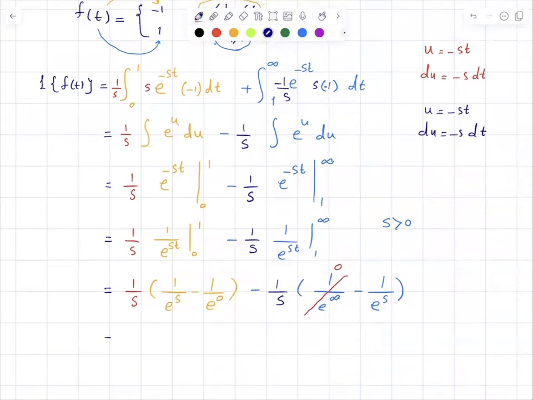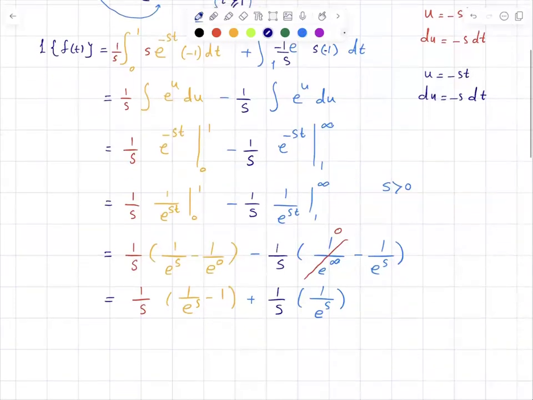This is equal to 1 over s times 1 over e to the s minus 1 over 1, which is 1, minus 1 over s times, you end up with negative and negative. So later on we can change this to positive 1 over e to power s. So as you can see, you can simplify this because you have like terms.